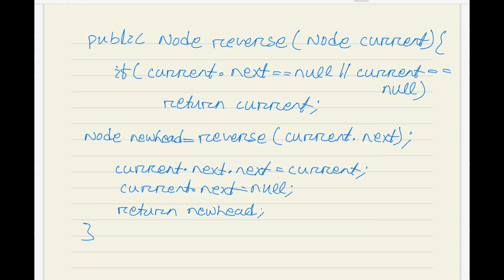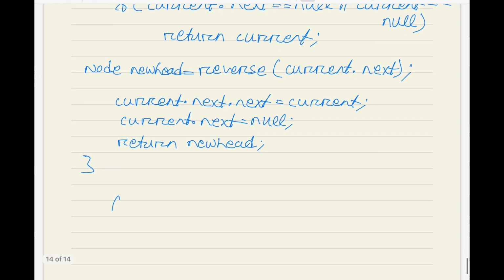So in each step we can observe there are some constant update operations that take constant amount of time, and we are moving from head to tail, and as there are n number of elements in the list, so we can say the time complexity will be order of n. So this will be the time complexity.